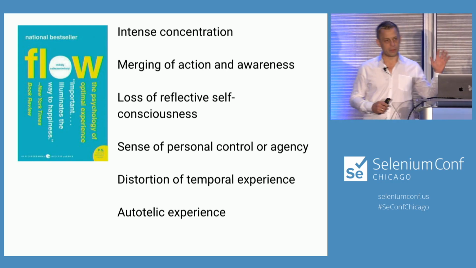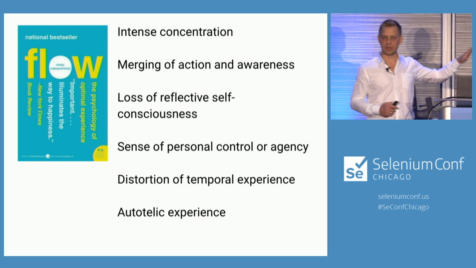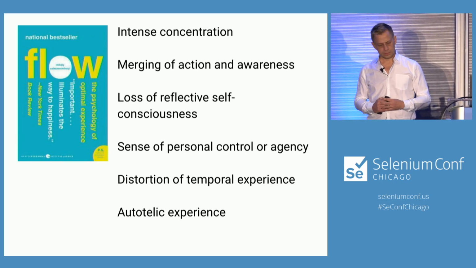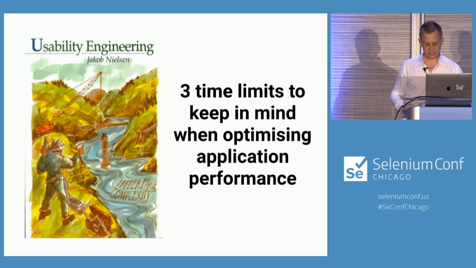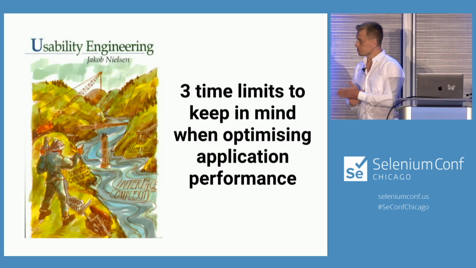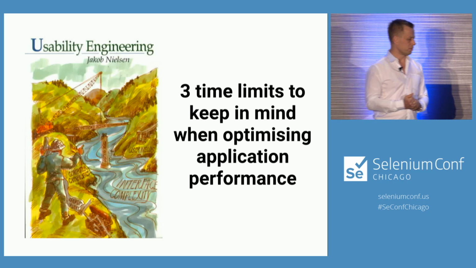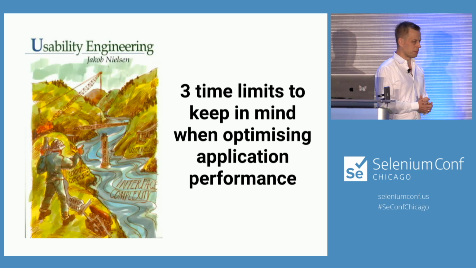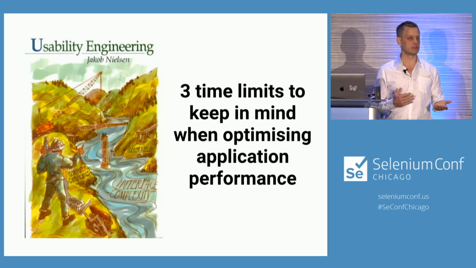But making the conditions for these kind of things to happen can be quite hard, and there's quite a lot of things in the way. And time feedback, or the latency of feedback, is quite important. Jakob Nielsen wrote a book, I think it was in the mid-90s, about user experience and human-computer interaction.